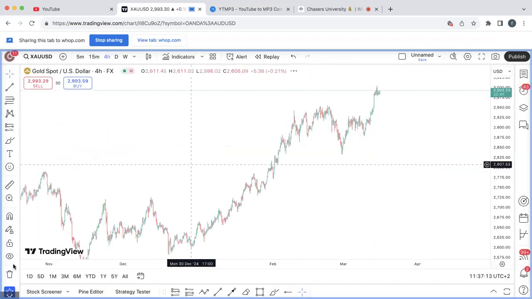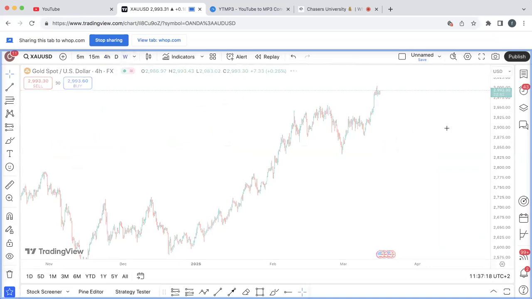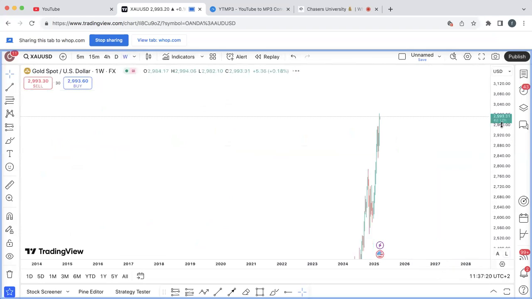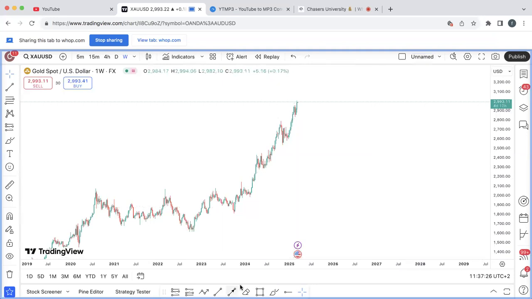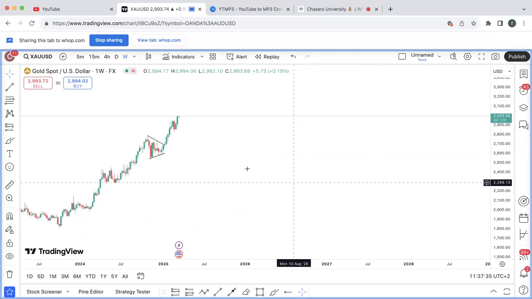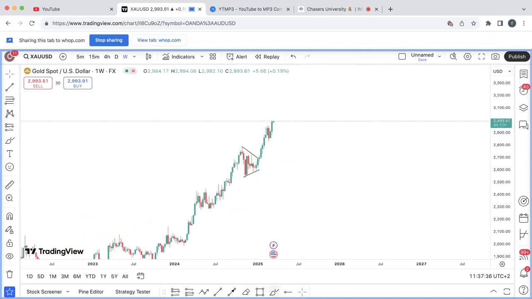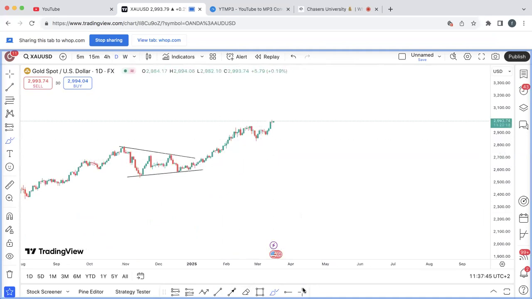From looking at the high time frame, I don't think there's much to analyze on gold, because the previous point I would look for was somewhere around here. Starting from the high time frame, this is where I would look for potential interest on gold before dropping to my other time frame, because I want to catch that impulsive move.